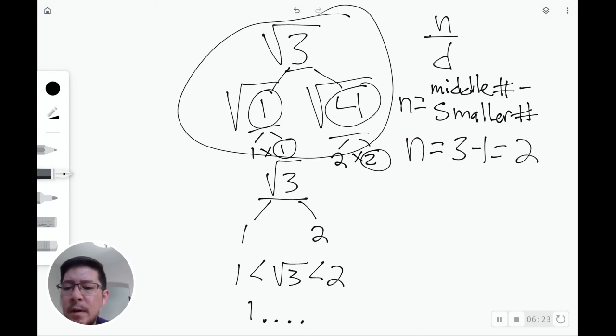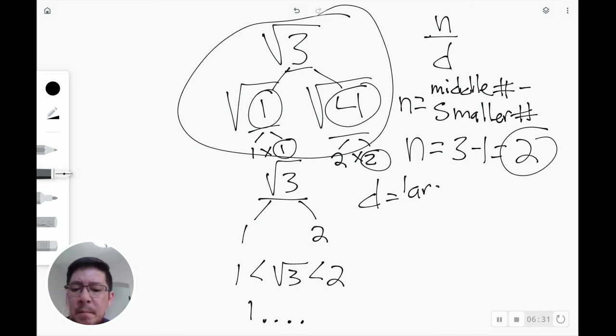That is our numerator. Now for the denominator, we're going to take the larger number and we're going to subtract the smaller number. So in other words, the denominator is equal to 4 minus 1, which gives us 3.